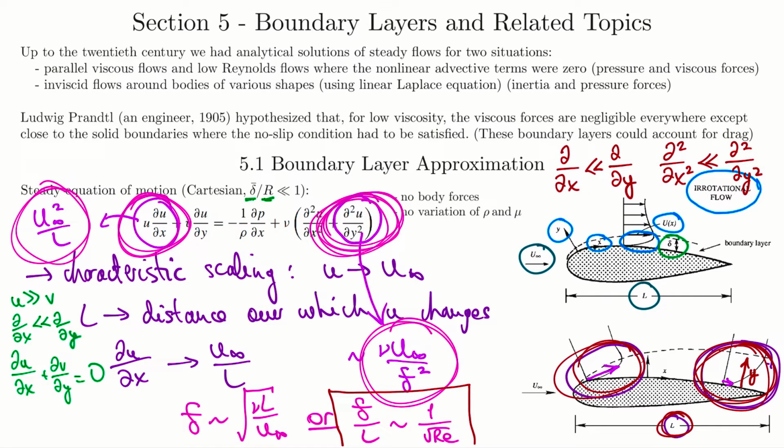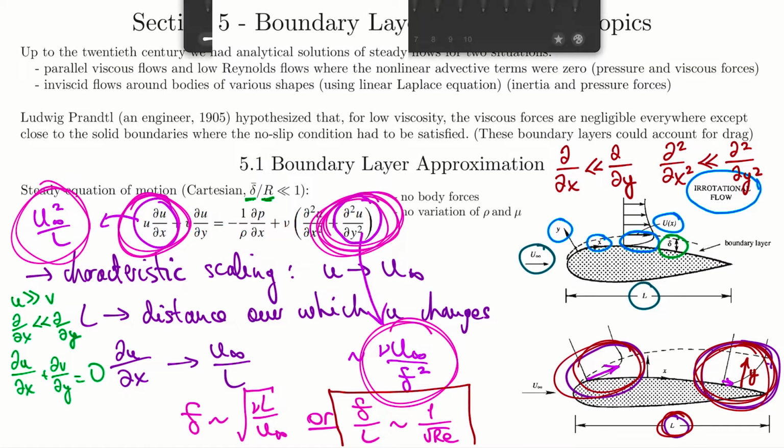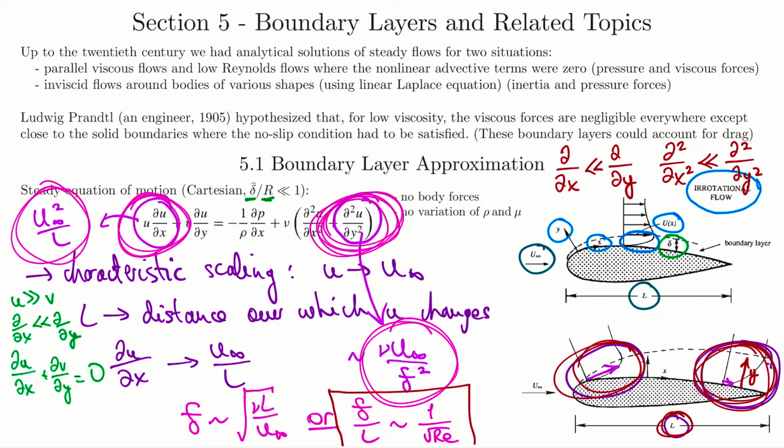Those two things should somewhat balance off, and therefore the two terms in the continuity equation should be roughly of the same order. So u infinity over L is going to be approximately the same order of magnitude as v over delta. I'll write that up here because there's a little more room.